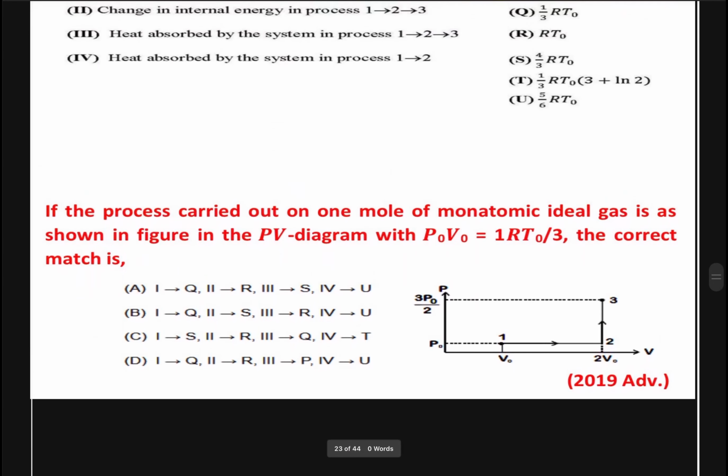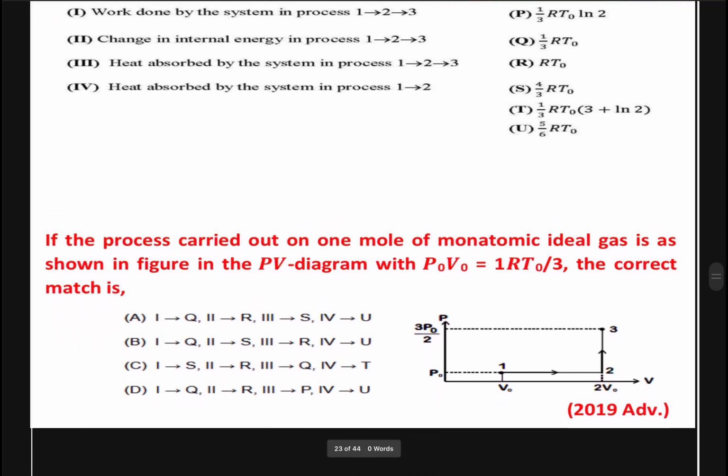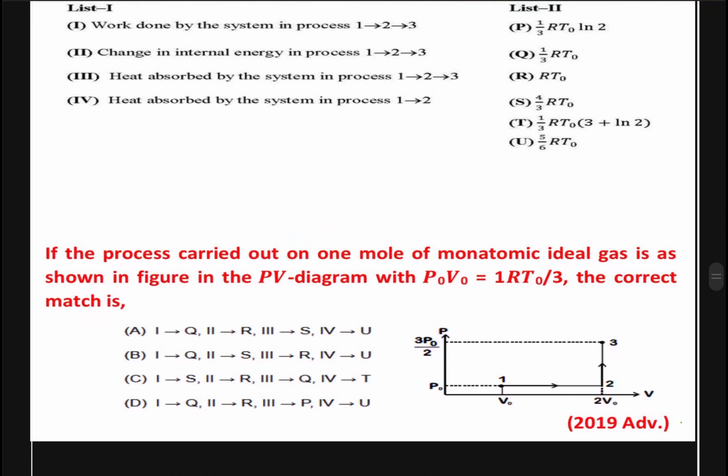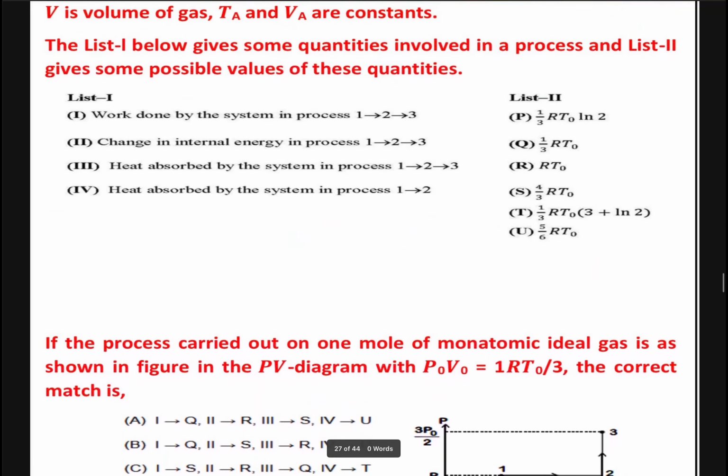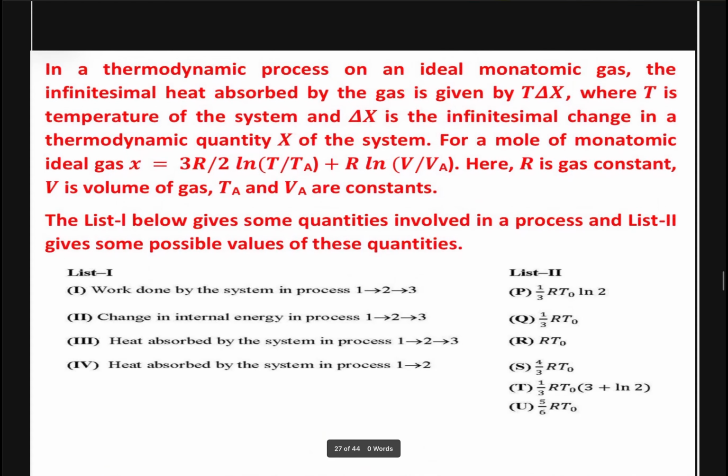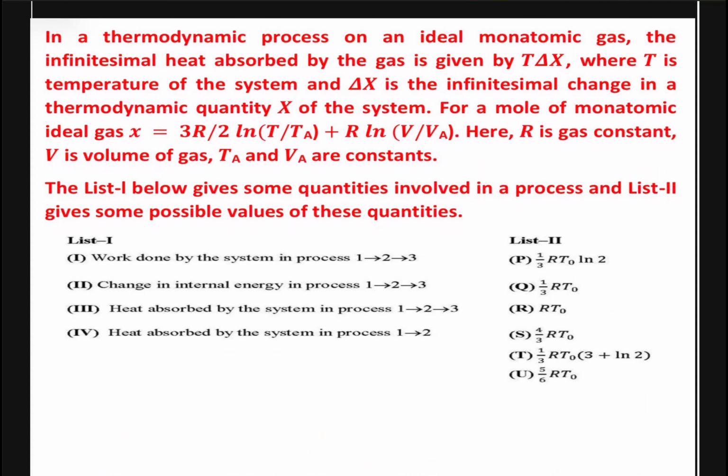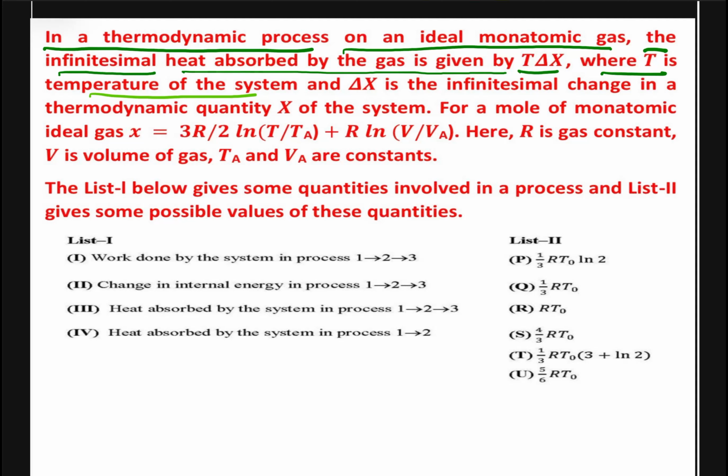Okay, so it is a multi-part question. It was asked in the year 2019 Advanced, and it states that in a thermodynamic process on an ideal monatomic gas, the infinitesimal heat absorbed by the gas mixture is given as T times delta X, where T is the temperature of the system and delta X is the infinitesimal change in the thermodynamic quantity X of the system.